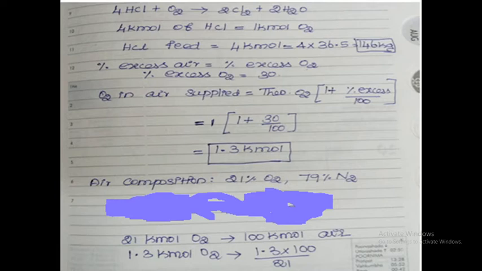Next we are going to find out how much air is supplied in total. Air composition is 21% oxygen, 79% nitrogen, and all percentages are mole percentages. As per the air composition, 21 kilomole of oxygen is present in 100 kilomole of air. As per the problem, 1.3 kilomole of oxygen is present, so how many kilomole of air? 1.3 into 100 divided by 21.